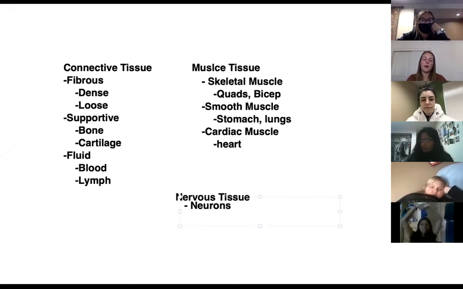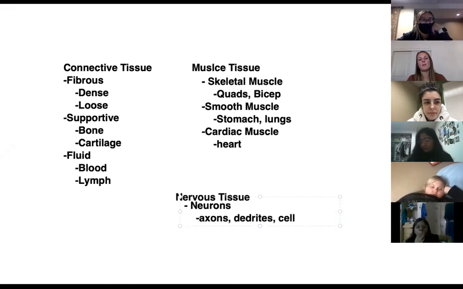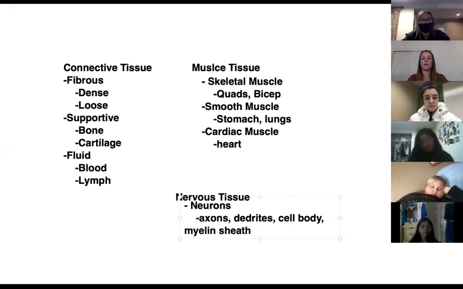These are made up of axons, dendrites, cell body, and the myelin sheath. I think I spelled that right. And we have the neuroglia. There's a couple of different types of neuroglia. You guys don't need to necessarily memorize the types of neuroglia, just know that there's different types of nervous tissue.